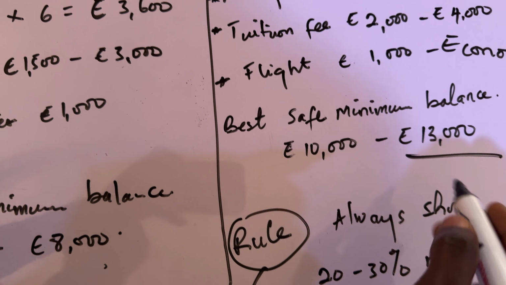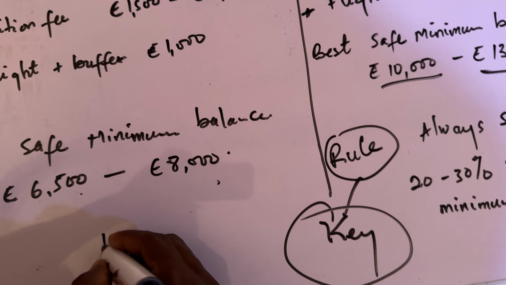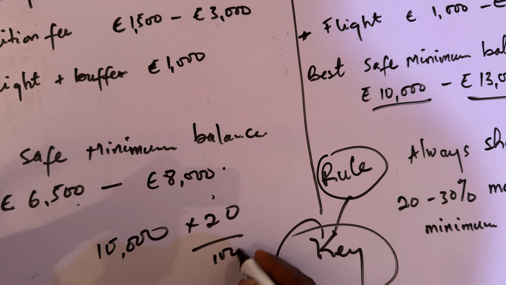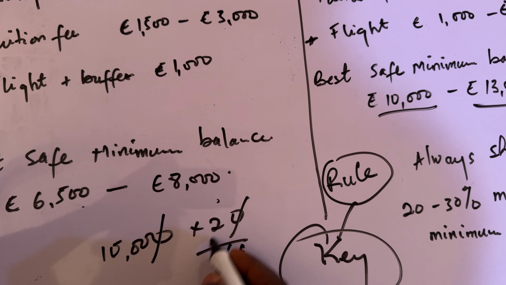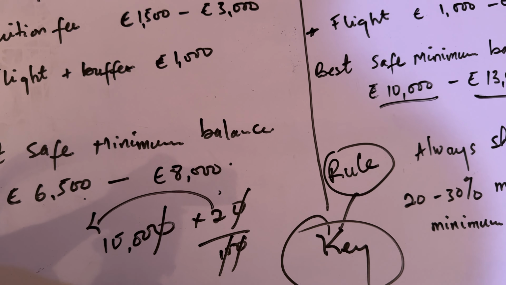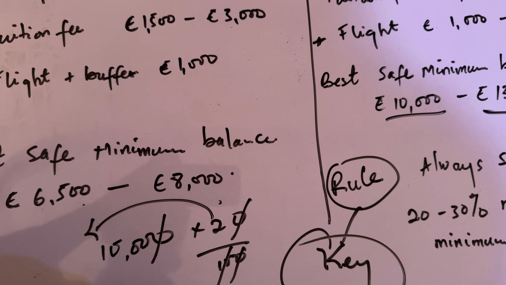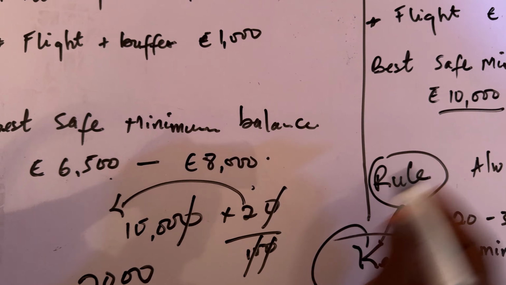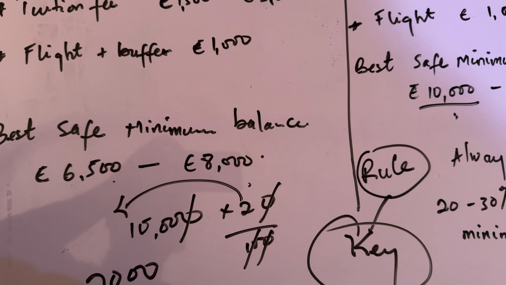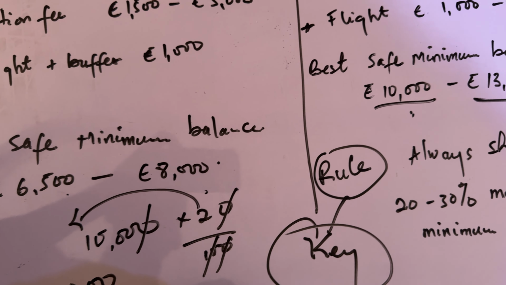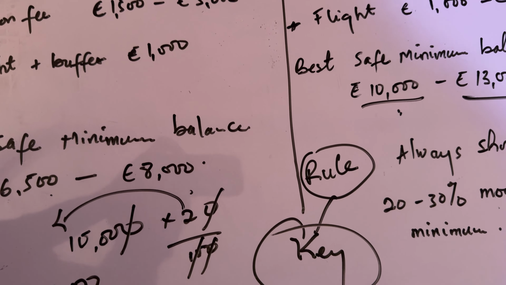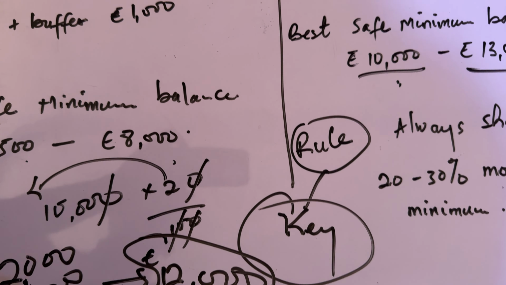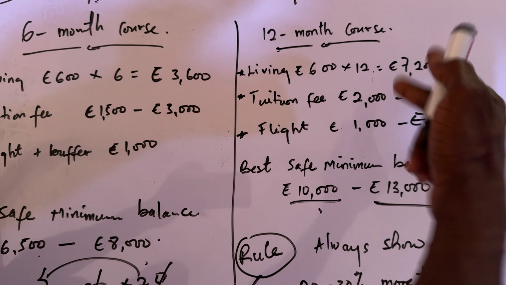For simplicity, let's say 10,000 is your minimum safe balance multiplied by 20%. 20% is 20 over 100, zero cancels zero, and I'm going to have 2,000. So 2,000 plus the 10,000 is 12,000. So we estimate that you should have 12,000 euros in your bank statement if your course is for a 12-month period, based on these suggestions.